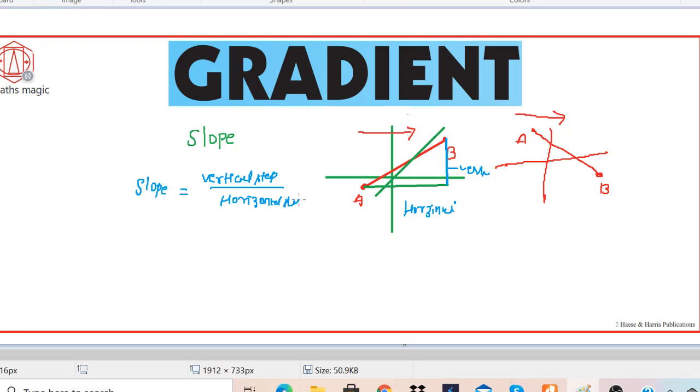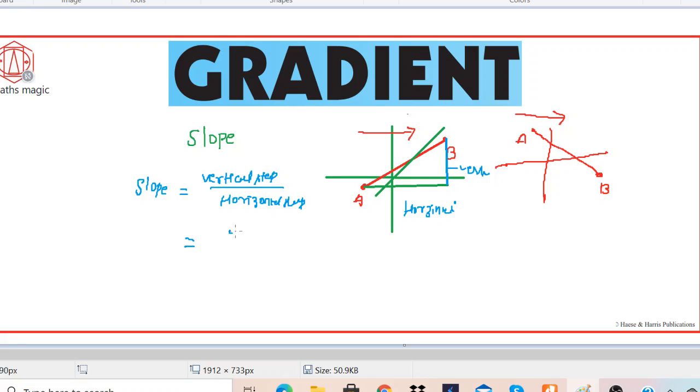Basically, how many steps you have to take from A to B in the vertical direction and how many steps you have to take from A to B in the horizontal direction. The ratio of these two steps, or you can say how many blocks you have to move, this ratio gives you the slope, right?